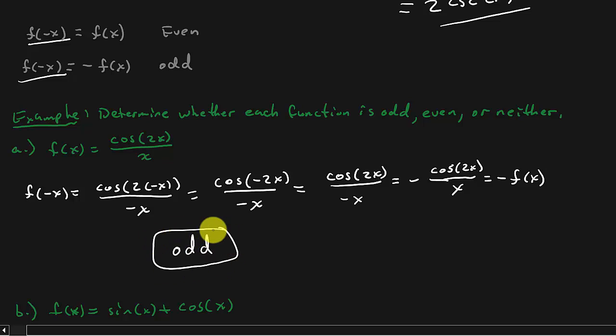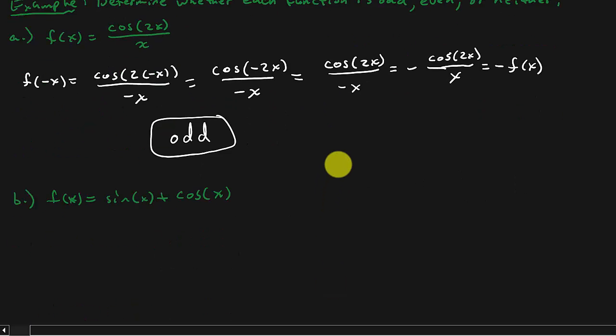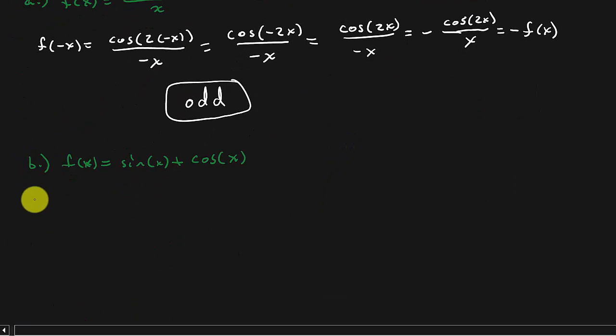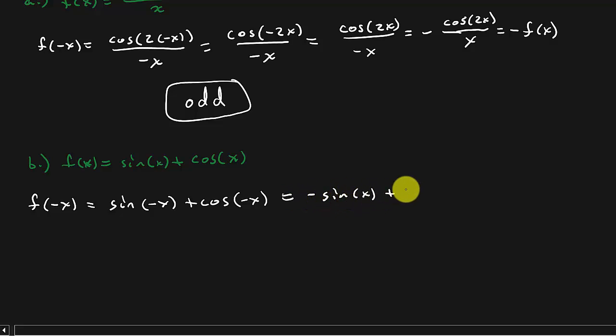And if you evaluate f of negative x and you get the same thing back, that means it's an even function. All right, and then this one, let's just try this one. So f of negative x is equal to sine of negative x plus cosine of negative x. And so that is equal to negative sine x plus cosine x, right?